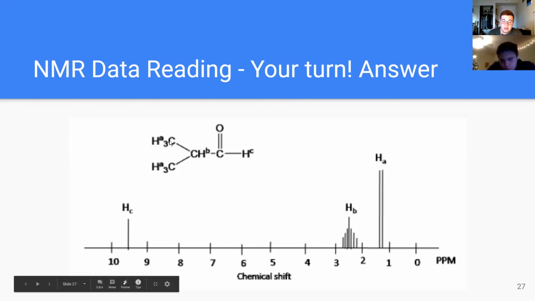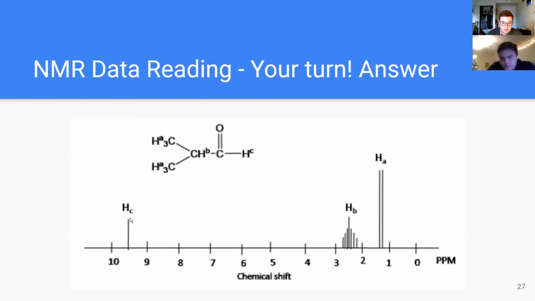And then B here in the center, it's connected to 1, 2, 3, 4, 5, 6. 6 plus 1 is 7, so you have 7 lines here. And then finally for this last hydrogen group here, it is all by itself, there are no hydrogens that it's connected to. So 0 plus 1 is 1 line.